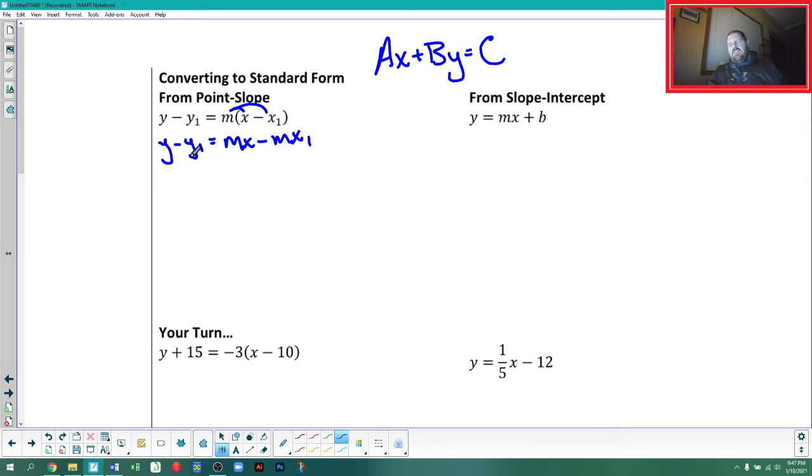Okay, now I want to move my mx to the other side, so I'll subtract that. There are no x terms on the left side, so that's just going to be what we start with. And then plus y minus y1 equals negative mx1.